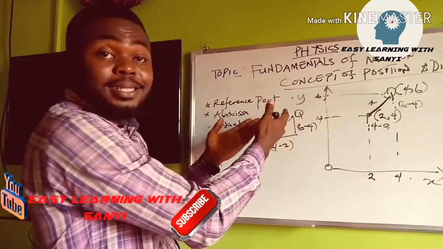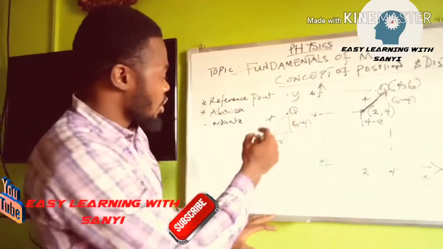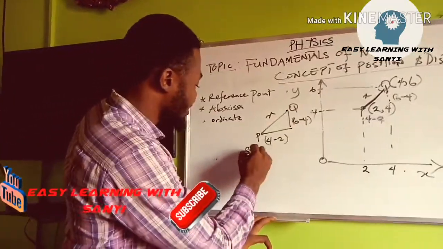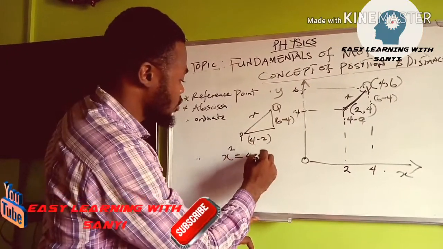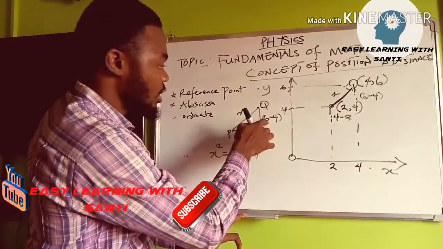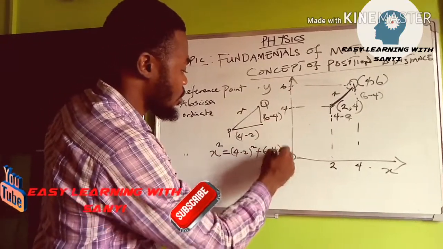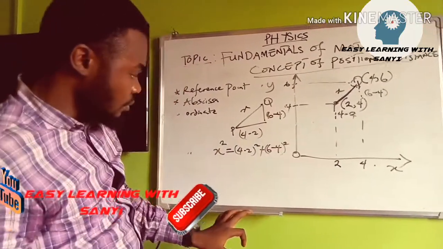Now, to find the longest side of a right angle triangle, which is x, the formula is x squared equals this side squared, 4 minus 2 squared, plus the other side squared, 6 minus 4 squared.